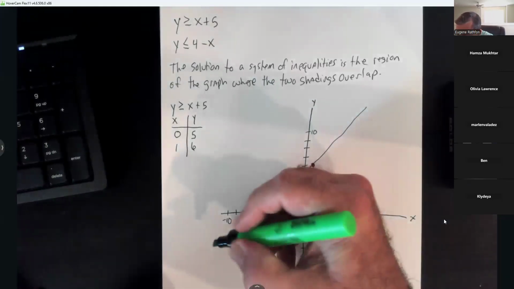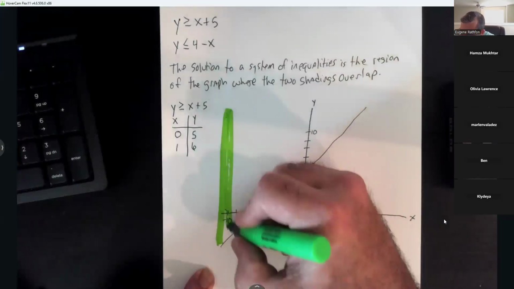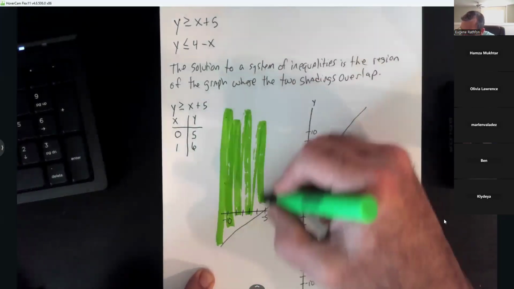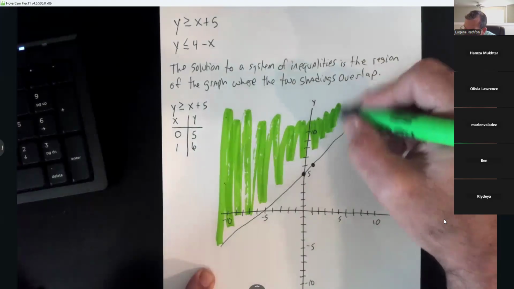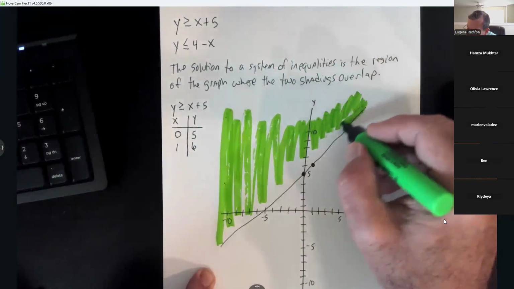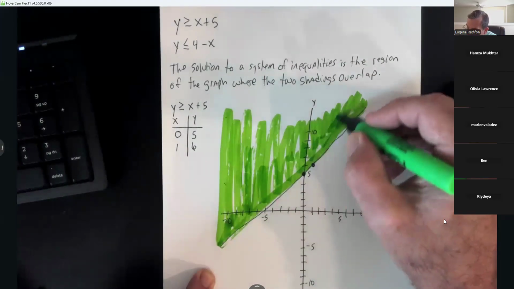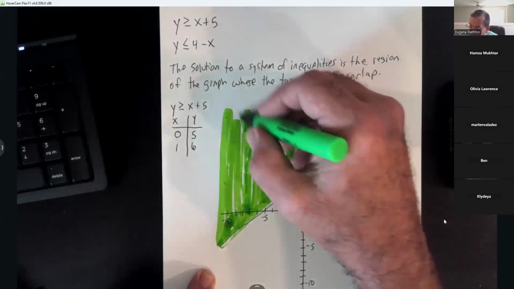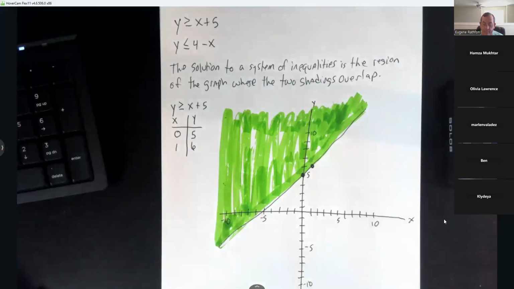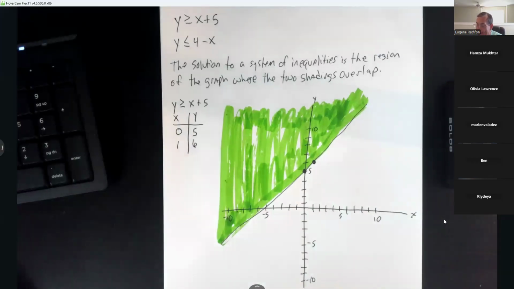So for my first line, I'm going to shade it green. And so that's my first line.